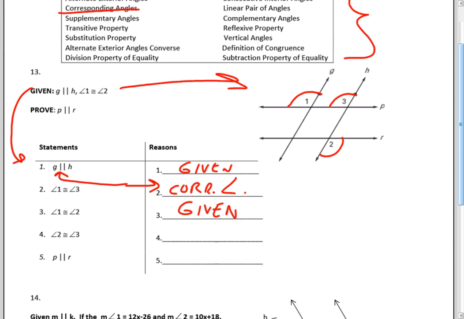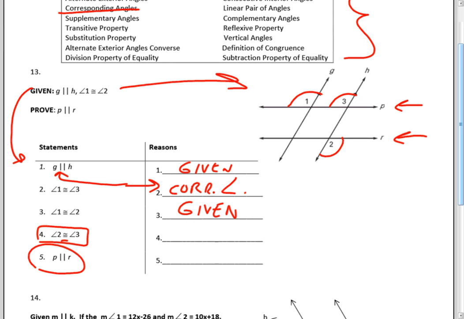2 and 3. Some people are going to want to write down alternate exterior angles. Well, we can't say that they're equal until we know that these two are parallel, and that's actually what we're trying to prove. So is there another way that we can show that these two are congruent?